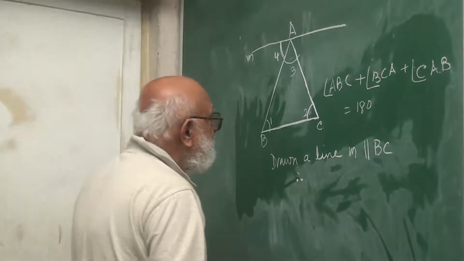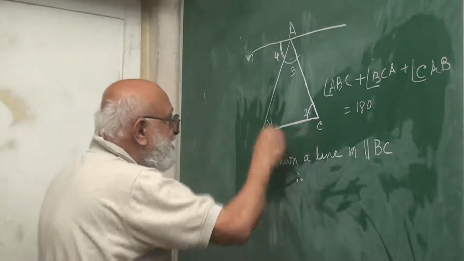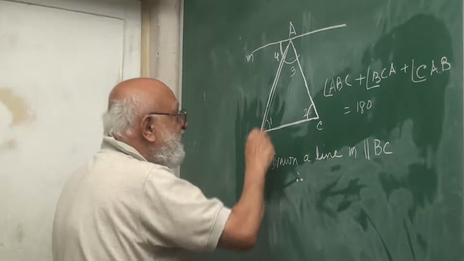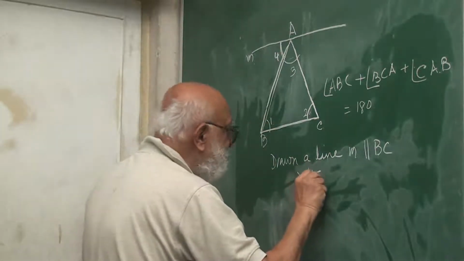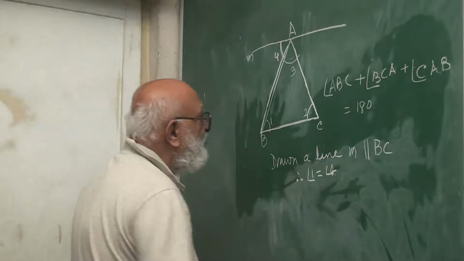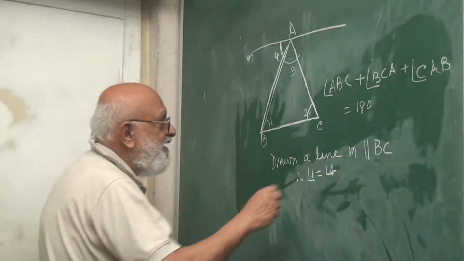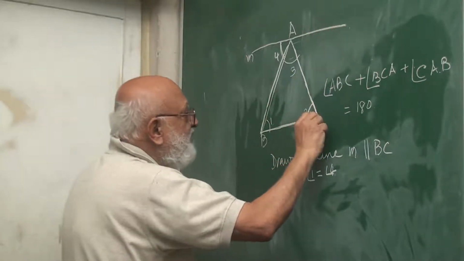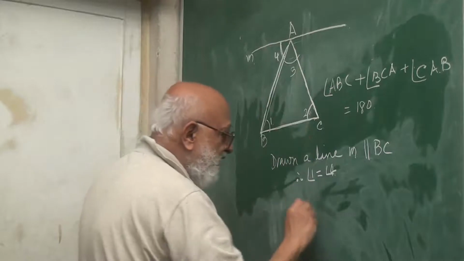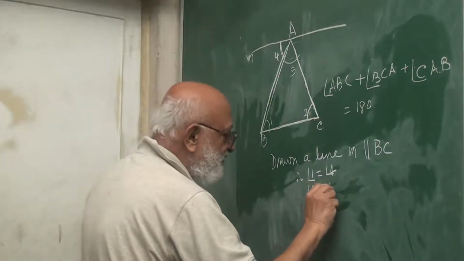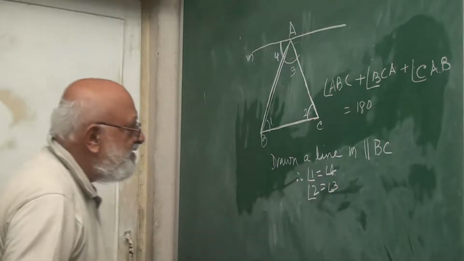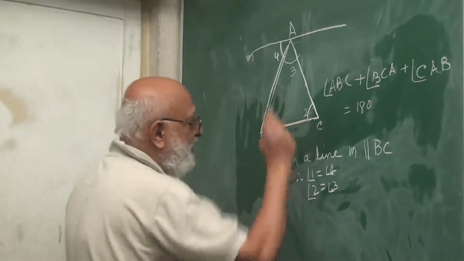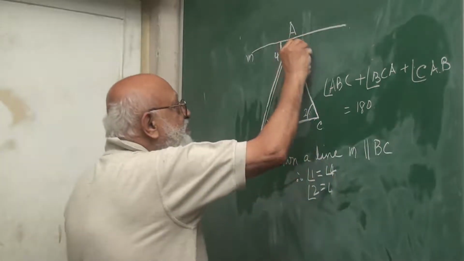Let us take this one as a transversal. Therefore, I can say angle 1 is equal to angle 4. And again, M is parallel to BC, so taking this as a transversal, angle 2 is equal to angle 5.